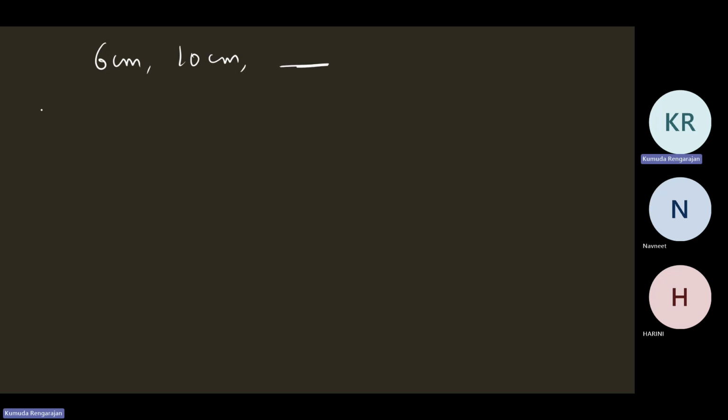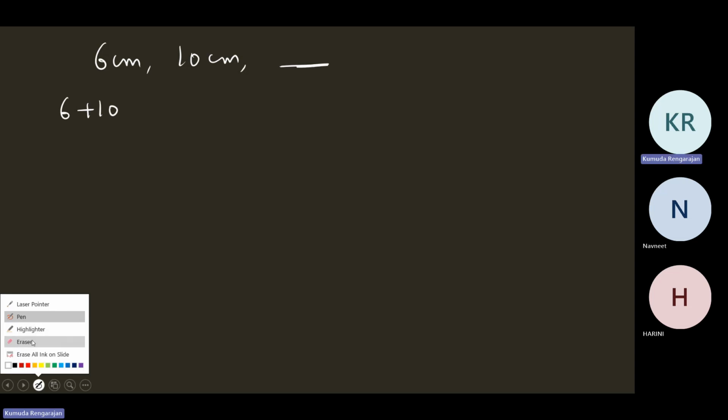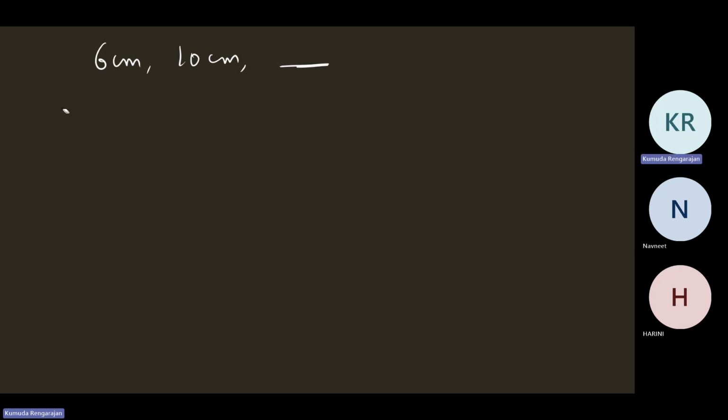We'll first find the difference of the two sides given. So 10 minus 6 is 4. Then find the sum of the two sides given.